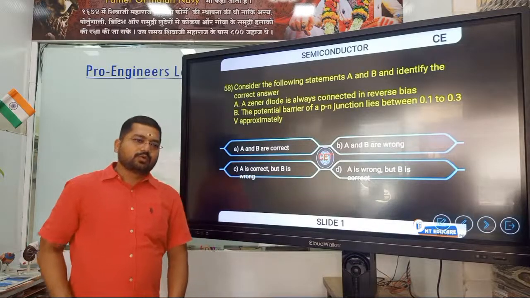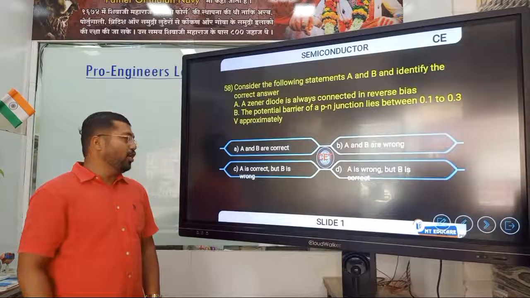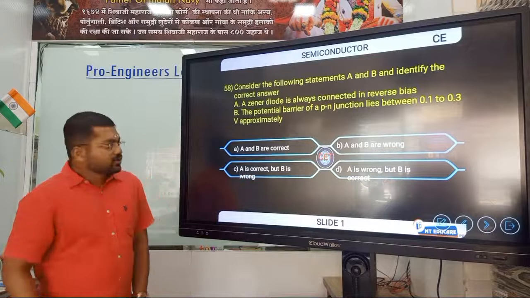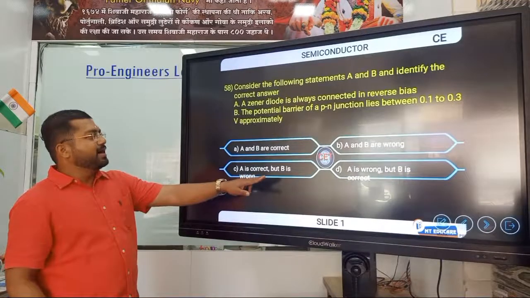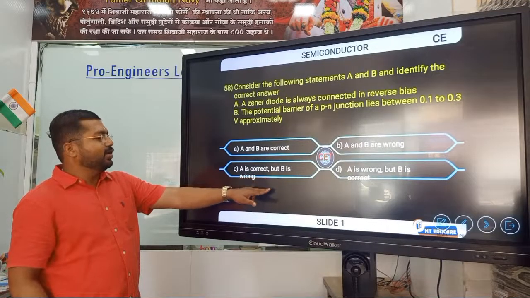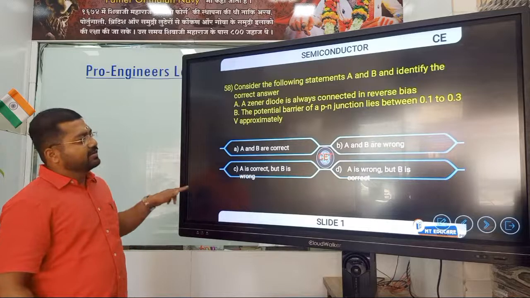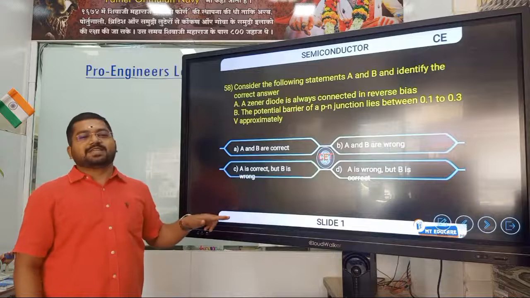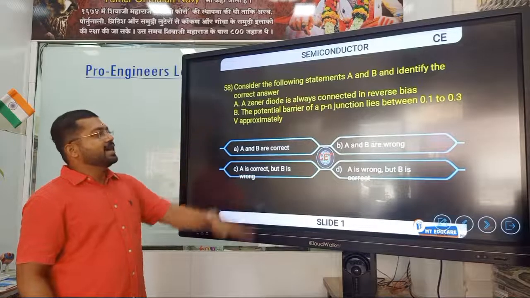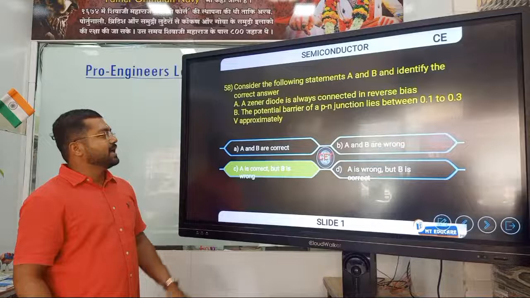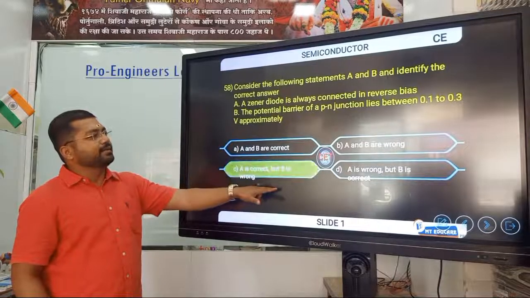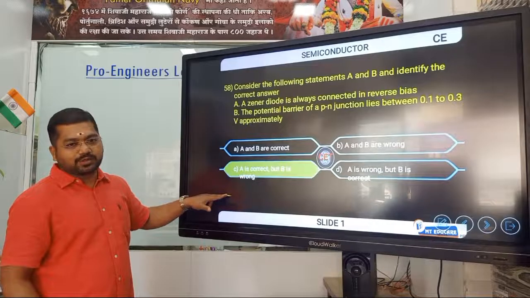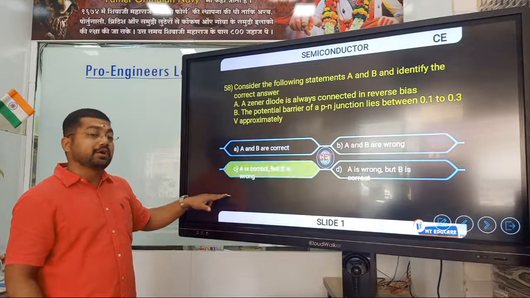So Hitesh, option C, A is correct but B is wrong. कंप्यूटर महाशय इसे लॉक कर दिया जाए। ऑप्शन सी, और सही जवाब है ऑप्शन सी, that Zener diode is always connected in reverse, and potential barrier of PN junction lies between 0.1 to 0.3 approximately. That is not, it is 0.7.